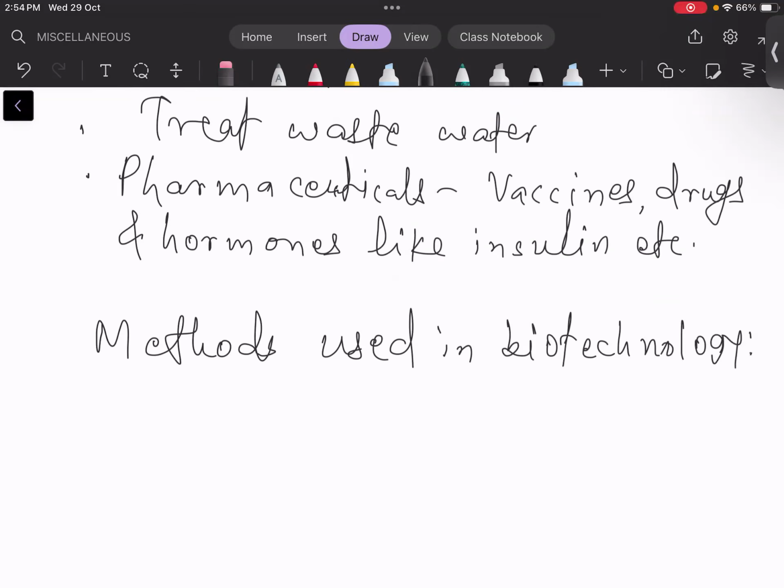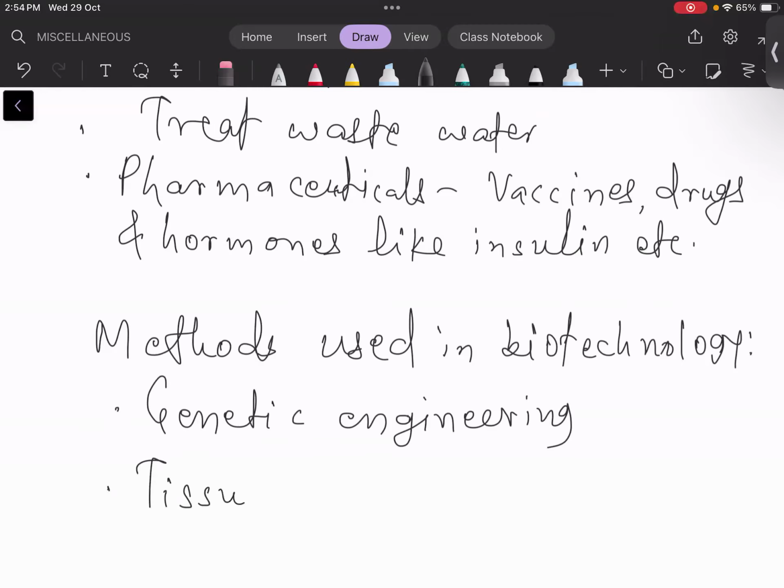Okay. So there are different methods used in biotechnology: genetic engineering, tissue culture, then bioinformatics. Okay. Genetic engineering. Next, tissue culture.